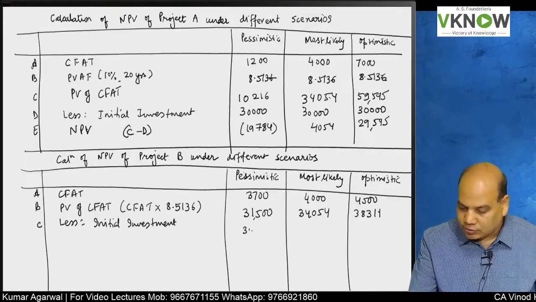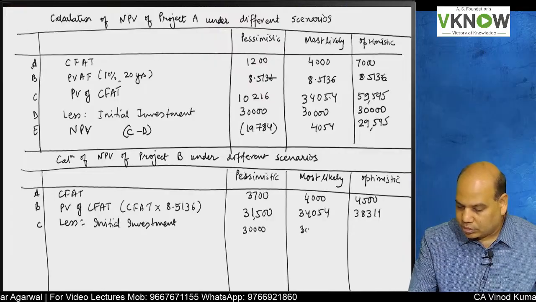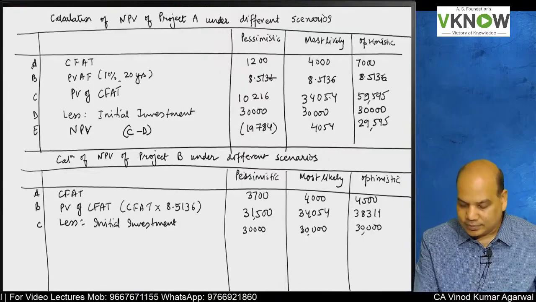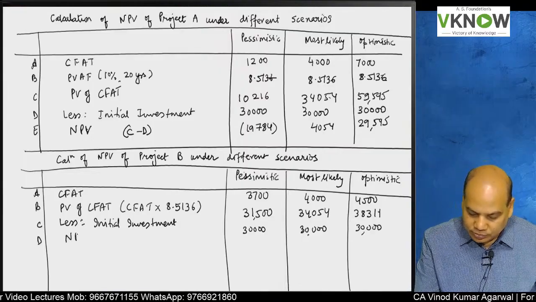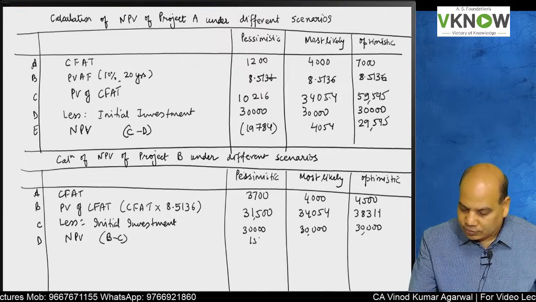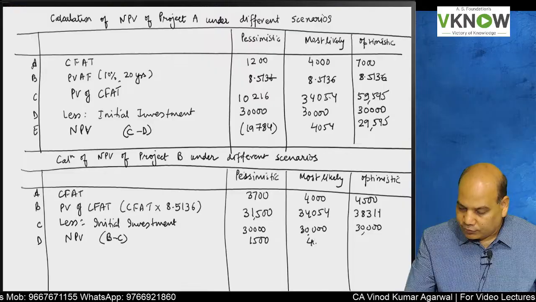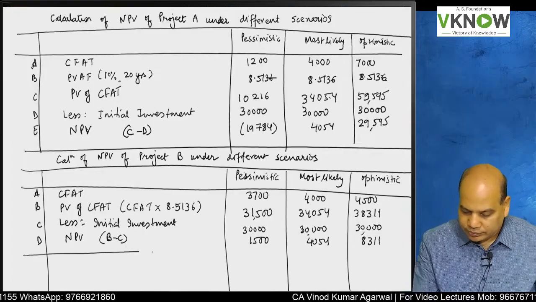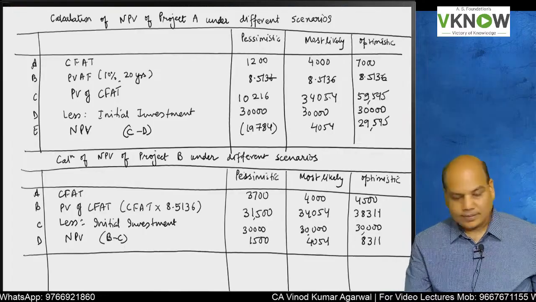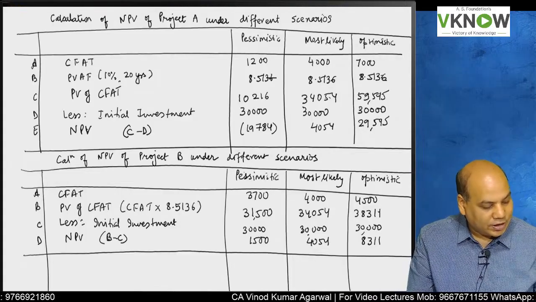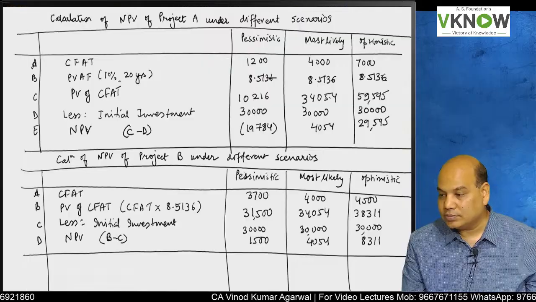This is also 30,000. So point number D will be NPV, B minus C: 1500, 4054, and this is 8311. This is your first answer. Determine the NPV associated with each estimate for both the projects.